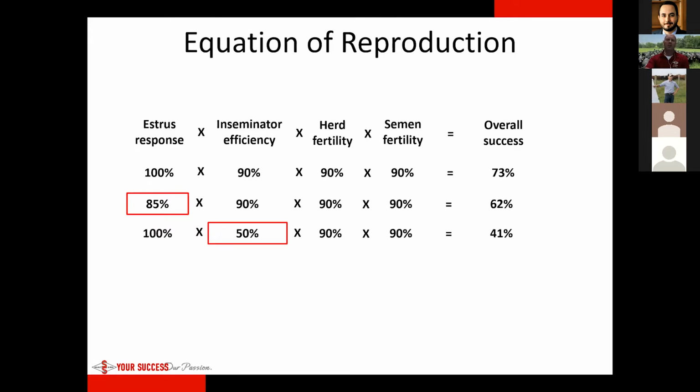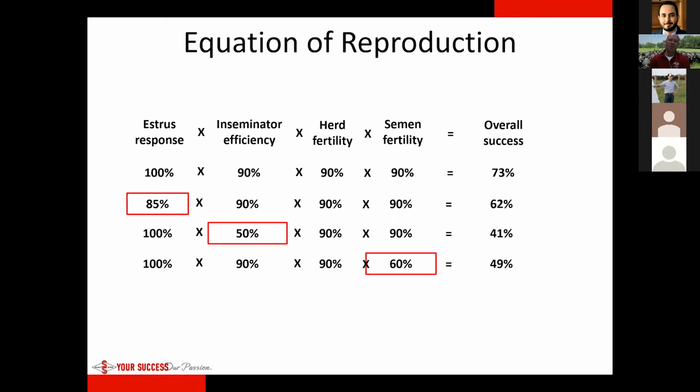Looking at another example, maybe where inseminator efficiency isn't quite up to par, maybe somebody that just went through an AI training course and is just starting to get their feet wet in the AI process, you can see pretty quickly that any drop in one of these factors in the whole equation causes a pretty drastic reduction in the overall success rate.